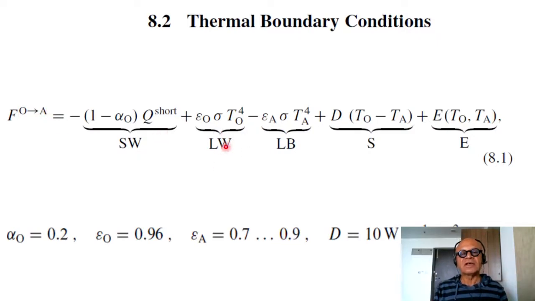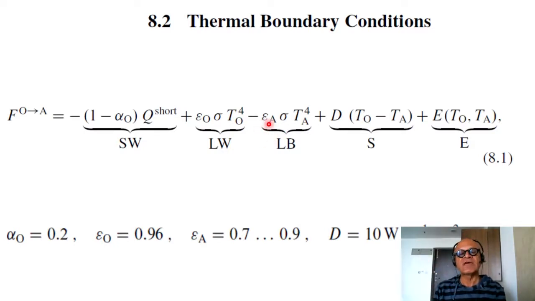And there is a longwave radiation from the ocean to the atmosphere, so it depends on the ocean's emissivity and ocean temperature, so epsilon sigma T_0 to the fourth, if you remember well. Minus, you have also longwave back radiation from the atmosphere, so I have to be careful, into the ocean, so that's negative.